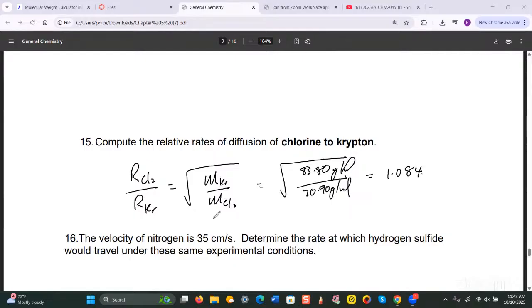So basically what that means is that chlorine will effuse 1.084 times faster than krypton. And that's how you do that part.